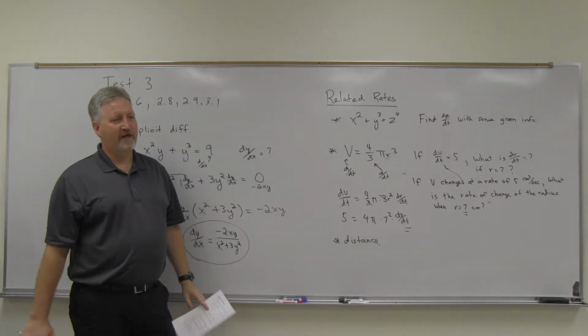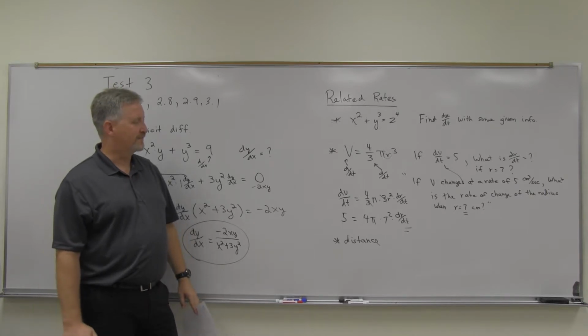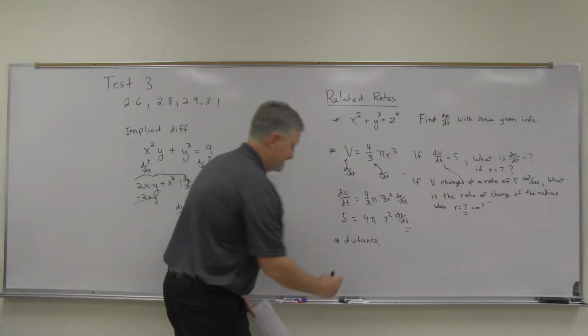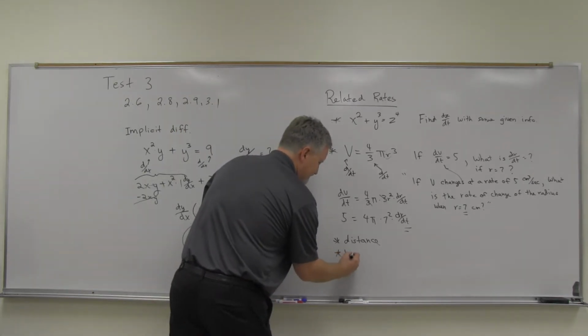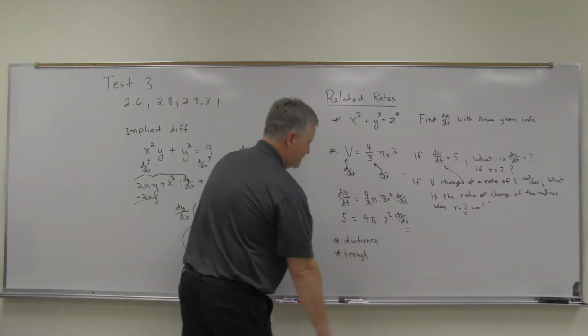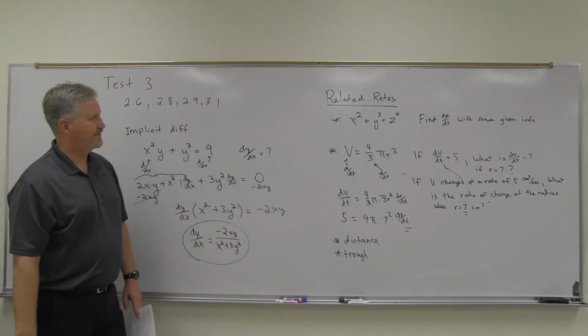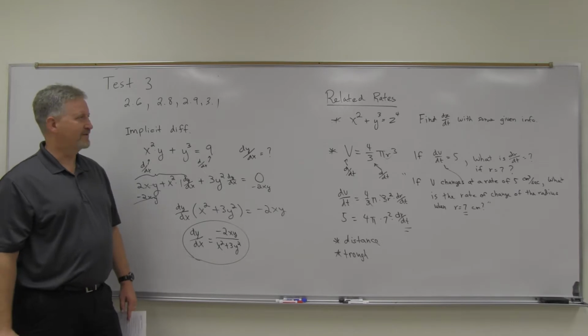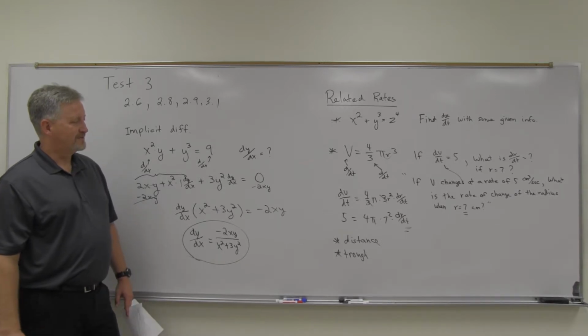So we'll have one of those. Oh, the trough. Yeah, probably will have a trough. Those are the basic ones. So just to give you an idea of related rates, probably one of those. Any questions on that?